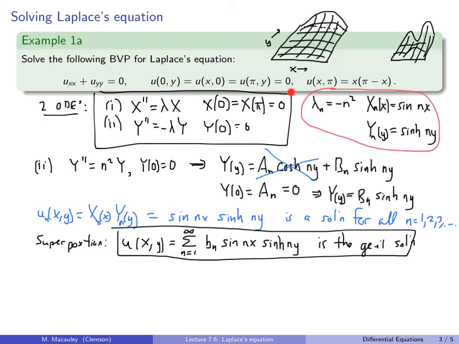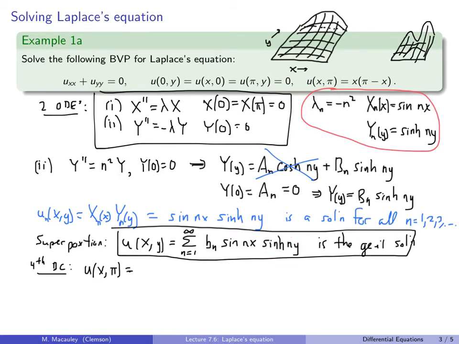Let's use this last one now. That's going to give us the particular solution to this full boundary value problem. So let's use the fourth boundary condition. To do that, we have to plug in y equals pi. So u of x, pi. When we plug in pi for y, we get sinh of n pi.